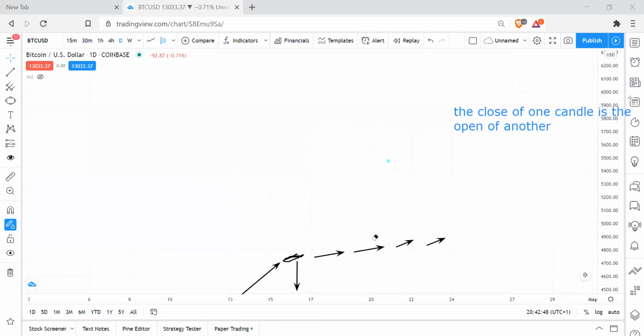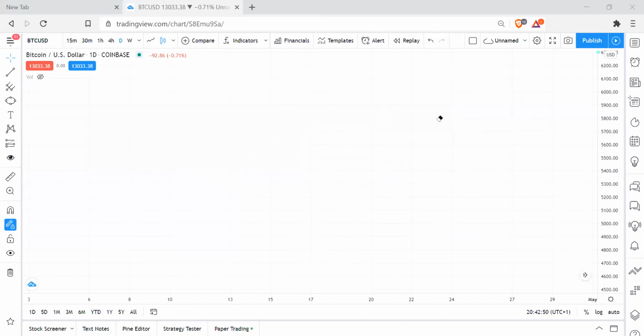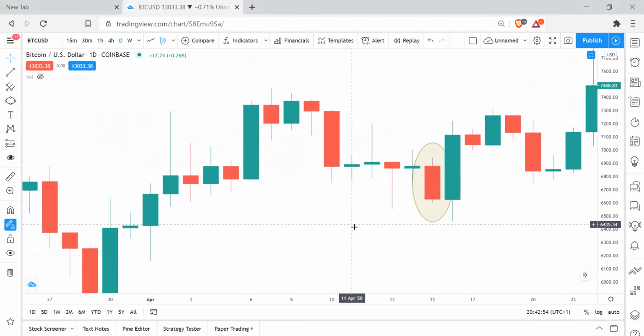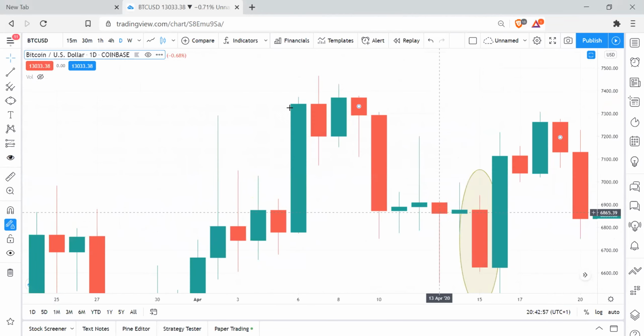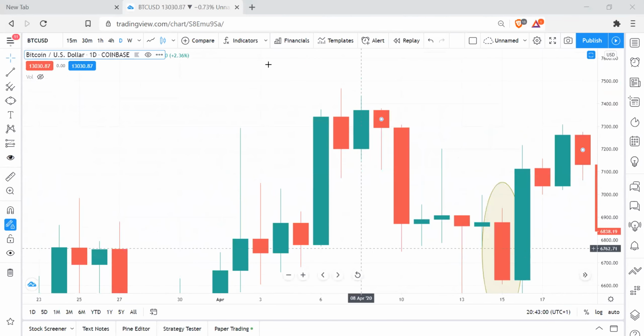Now let me go back and correct the slight error that I was about to put us into. Over here. So let's use this, this is a lot easier to see. This candle over here. Look at this red candle, the one before it. Remember, the close of a candle becomes the open of the next one.